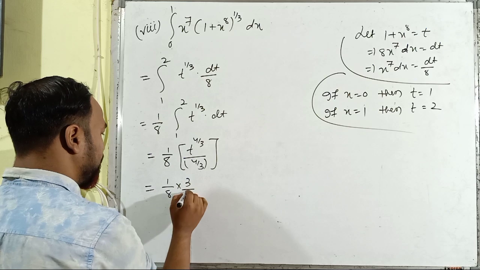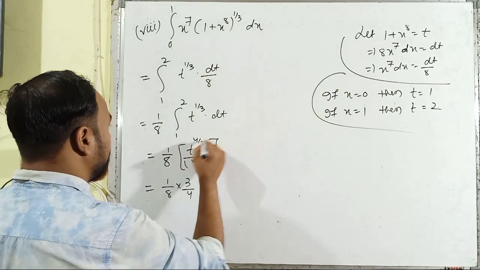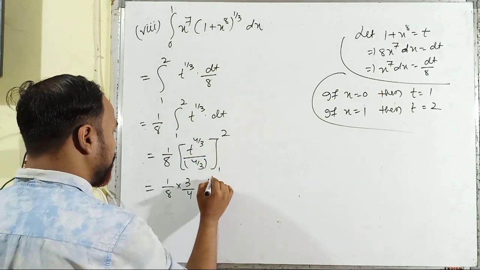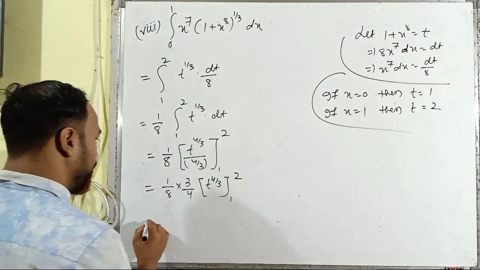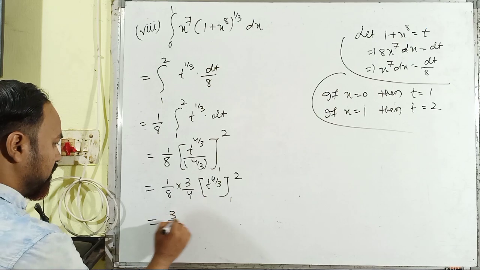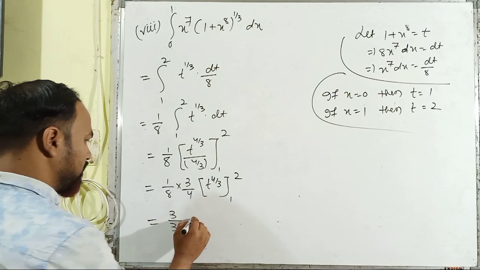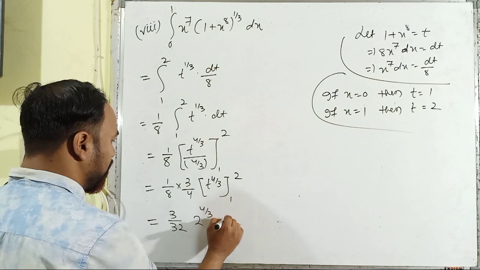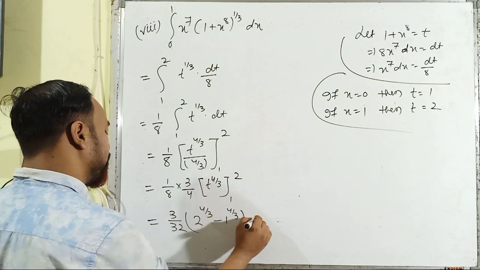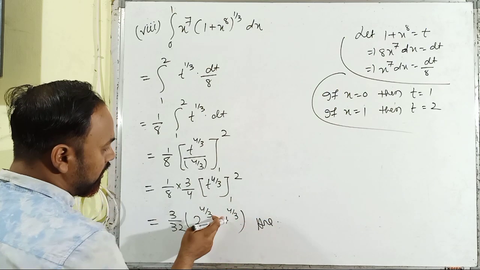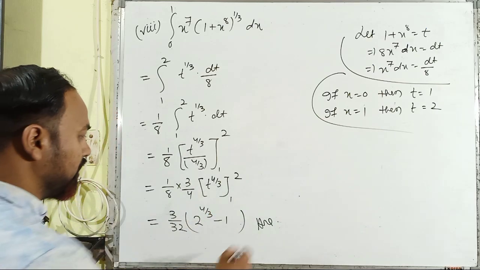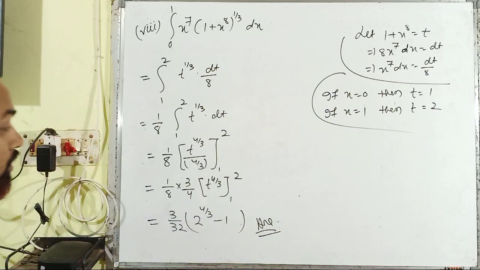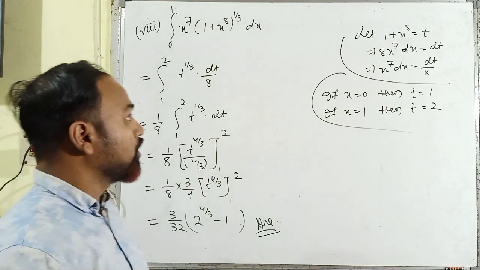Now this is 3 divided by 4, and the interval is from 1 to 2, t to the power 4 by 3. Now this is 3 divided by 32 times 2 to the power 4 by 3 minus 1 to the power 4 by 3. You can now write down 1 in place of 1 to the power 4 by 3, and here is the complete solution of part 8 of number 1.